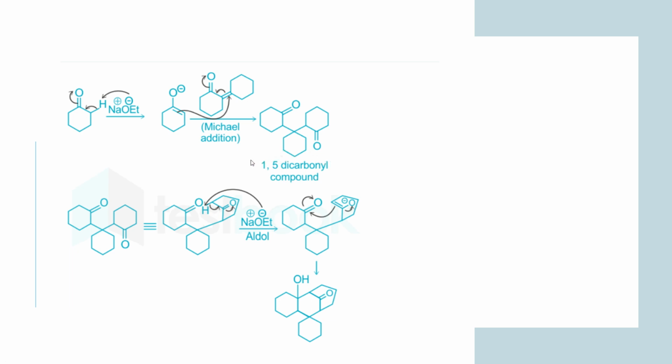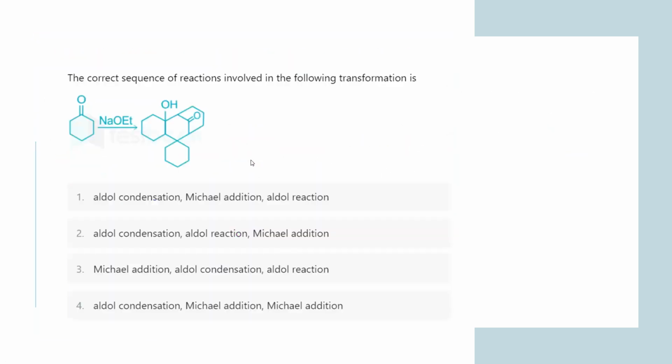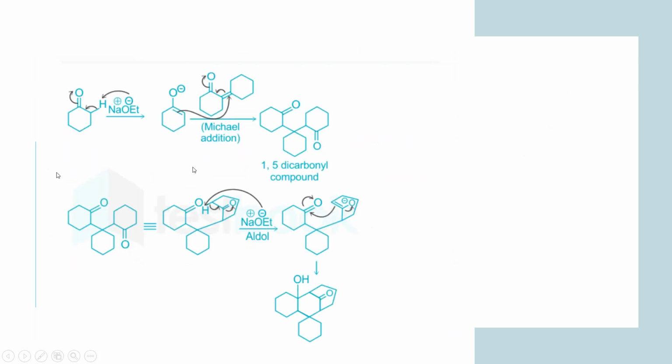Now, in the last step, what was our desired product? It was this one. So we have now arrived at this stage, and to go from here to here we are one step ahead. What is it?